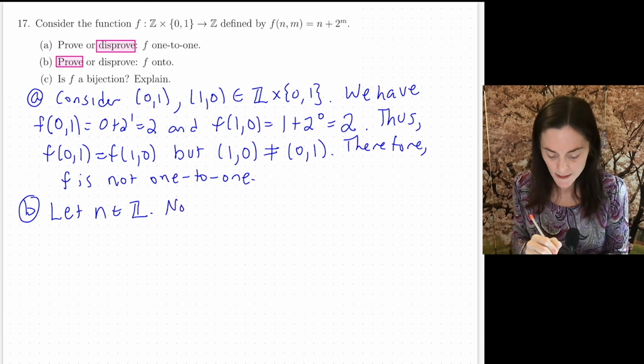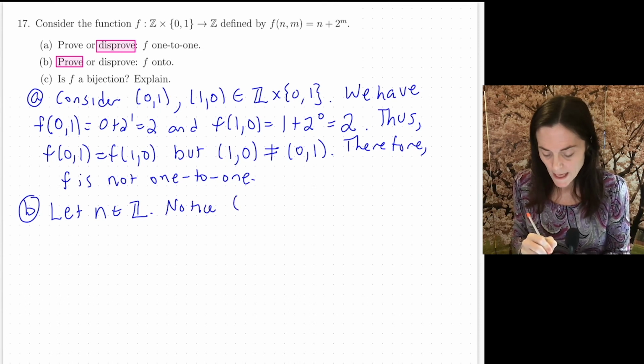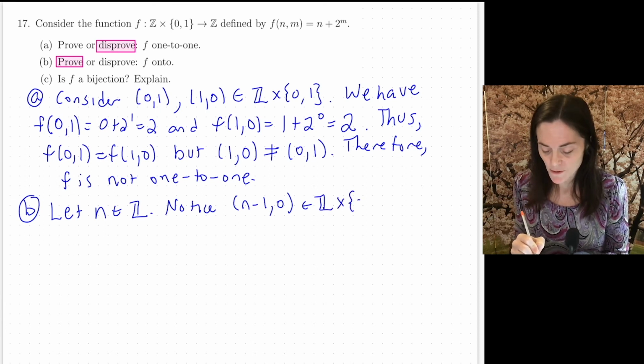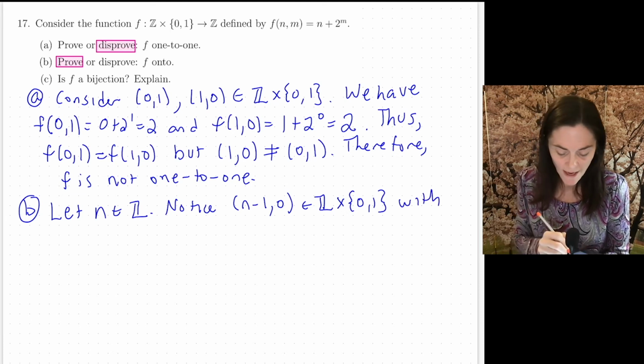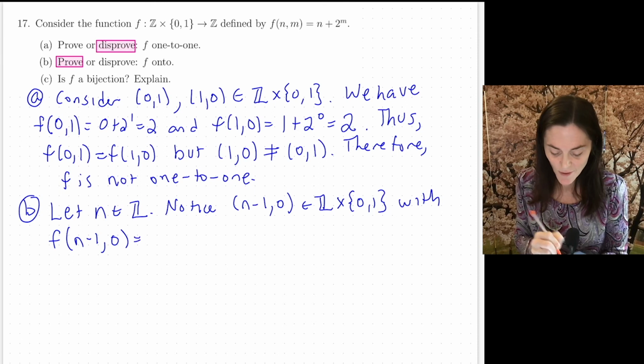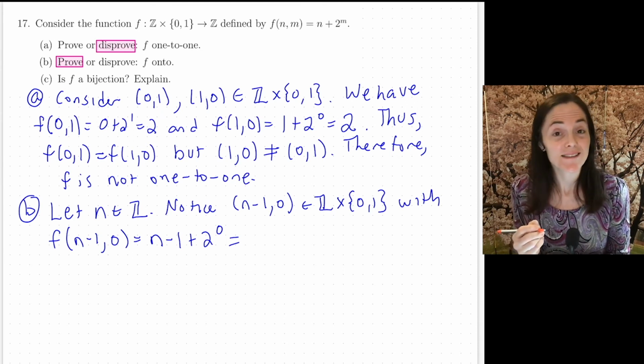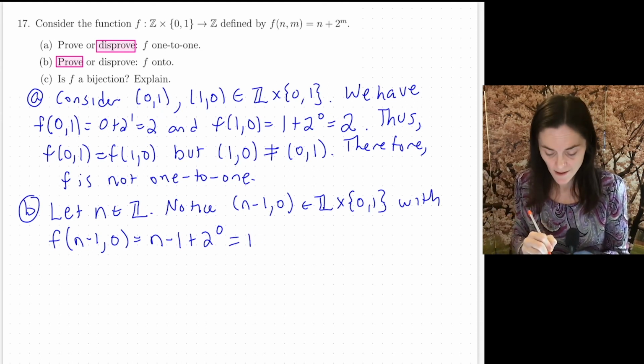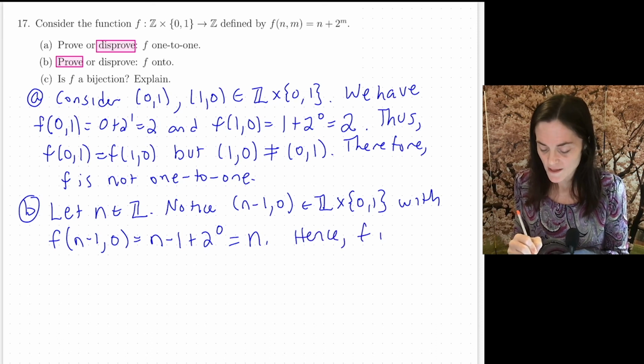Notice we can take (n minus 1, 0), and this is an element of Z cross {0, 1}. Let's evaluate F of (n minus 1, 0). This is n minus 1 plus 2 to the 0, and 2 to the 0 is 1, so this is n. Hence, we have proved that F is onto.